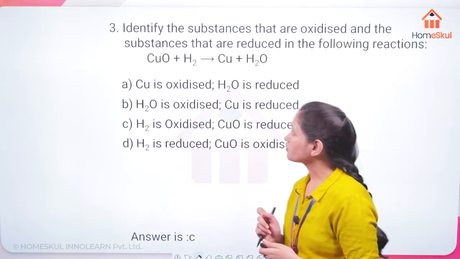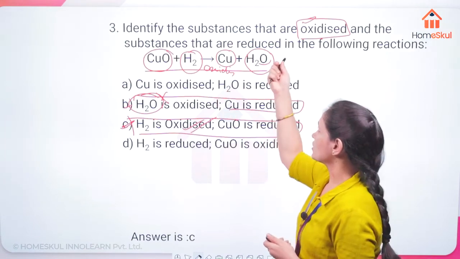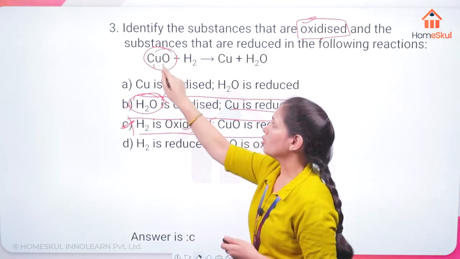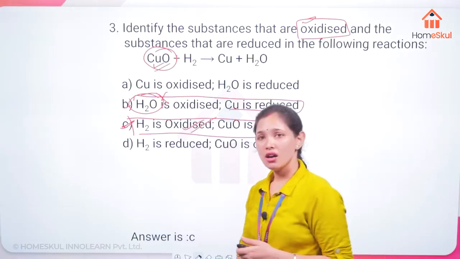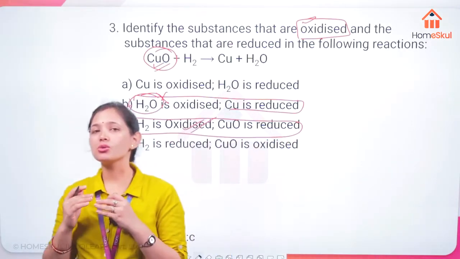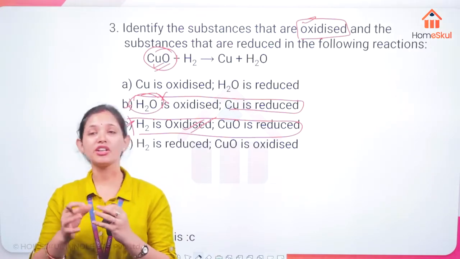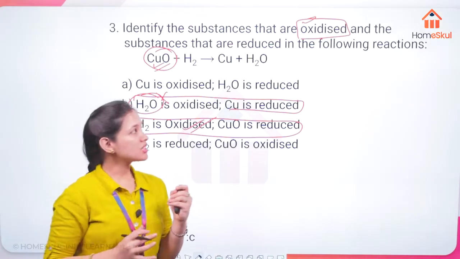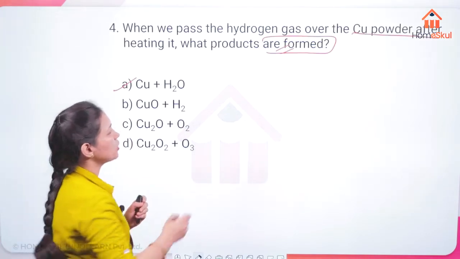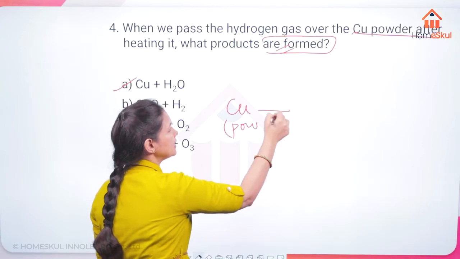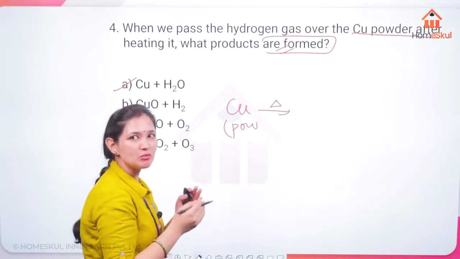Just see, we discussed this question. CuO is the compound that gives the black coating over the Cu powder when you heat it. So in this activity, you take the Cu powder and heat it, burn it.